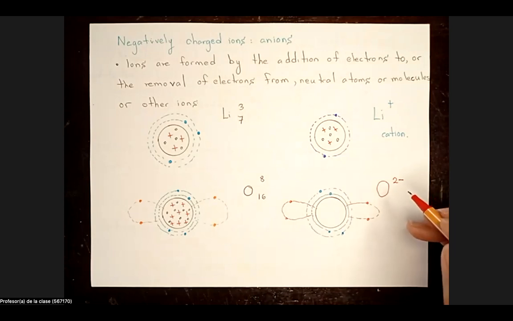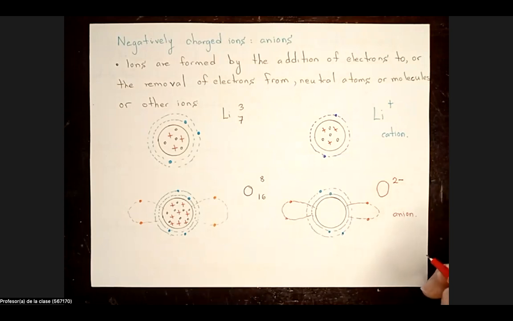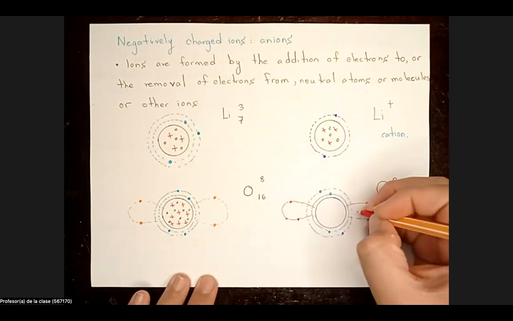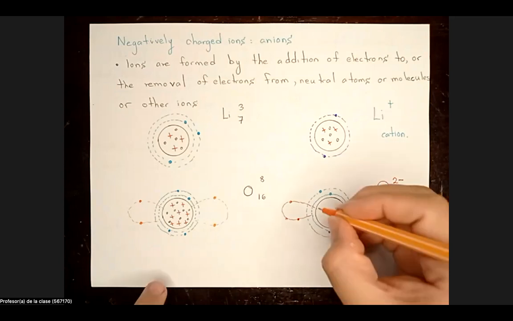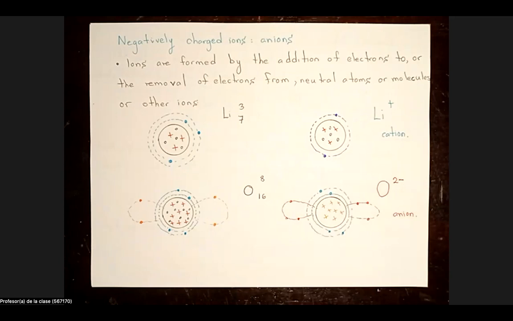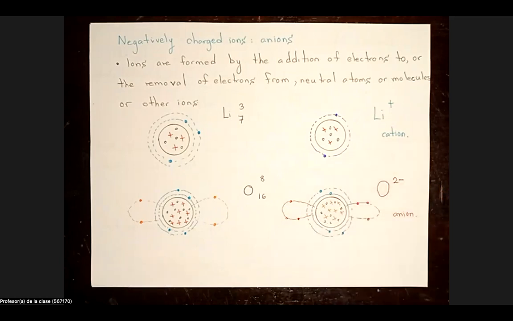But I am doing an anion, an anion minus two. So we need to add two more electrons. So that will be a minus two. Very good. Of course, we need here 1, 2, 3, 4, 5, 6, 7, 8, and 1, 2, 3, 4, 5, 6, 7, 8.